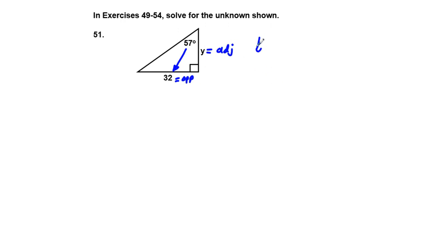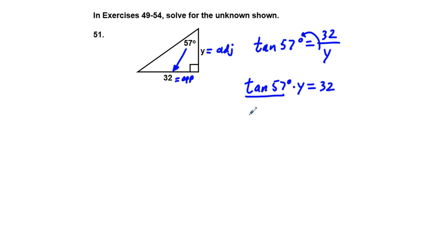So the tangent of 57 degrees is going to be equal to 32 over y. And cross multiplying this y, we're going to get tangent 57 degrees times y is equal to 32.